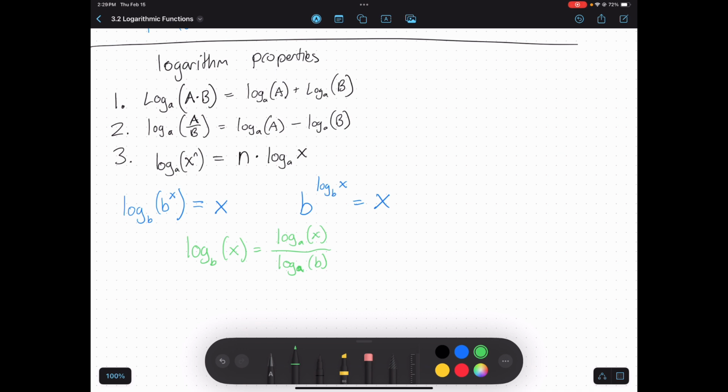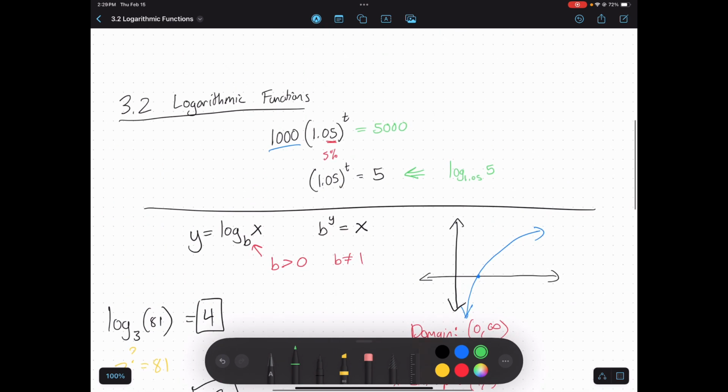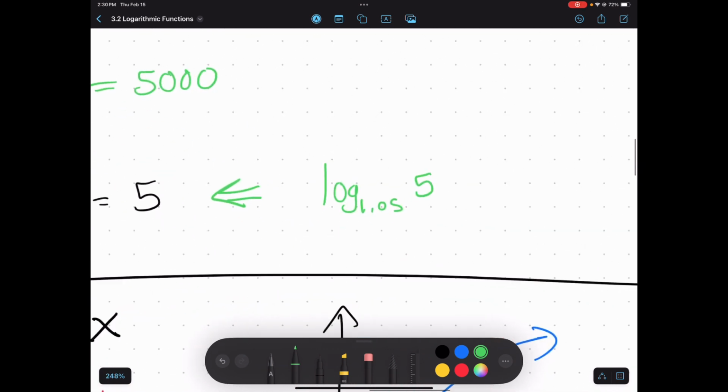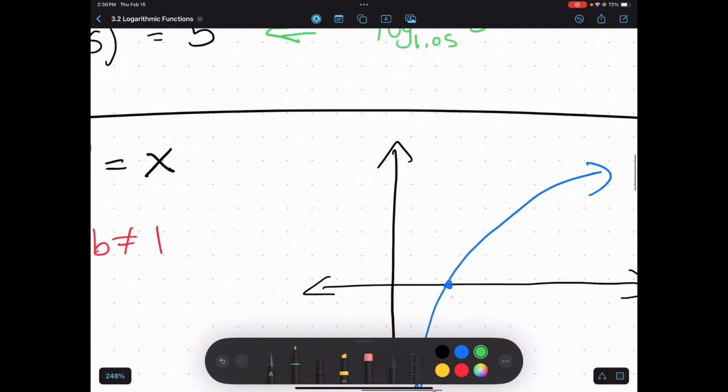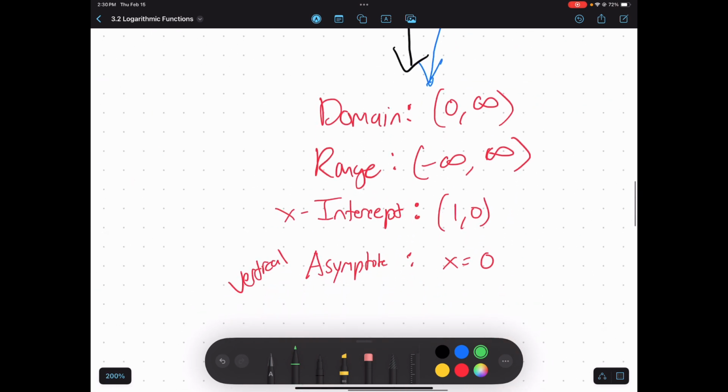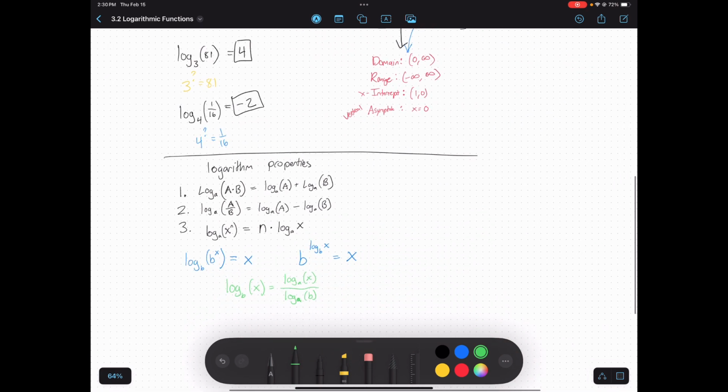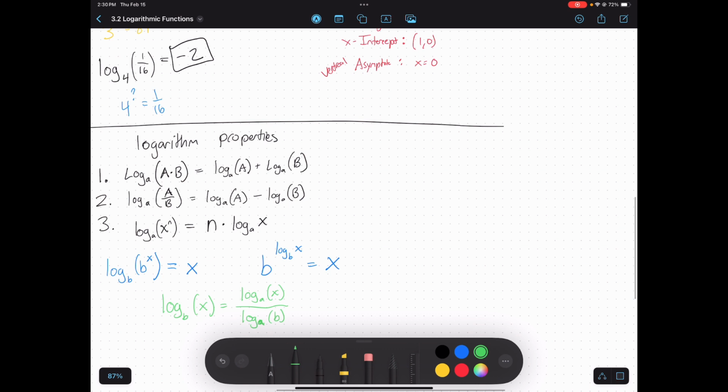If you look at your calculator right now, there's not a button for log base a, or even if I go up to my beginning example, there is not a button for log base 1.05. And that's because these properties allow me to, instead of working with different bases all the time, focus on logarithms that we commonly use. And in our case, there's two logarithms that we use more often than any other ones.